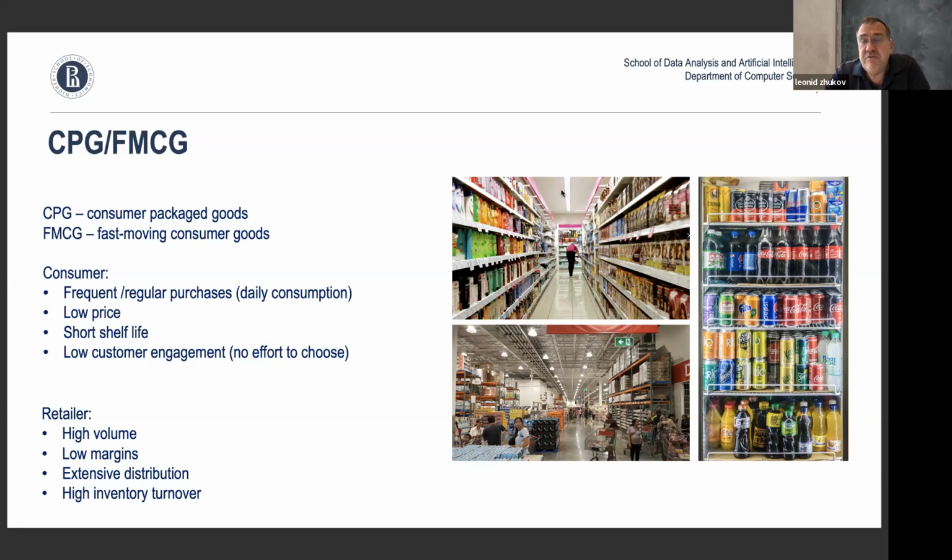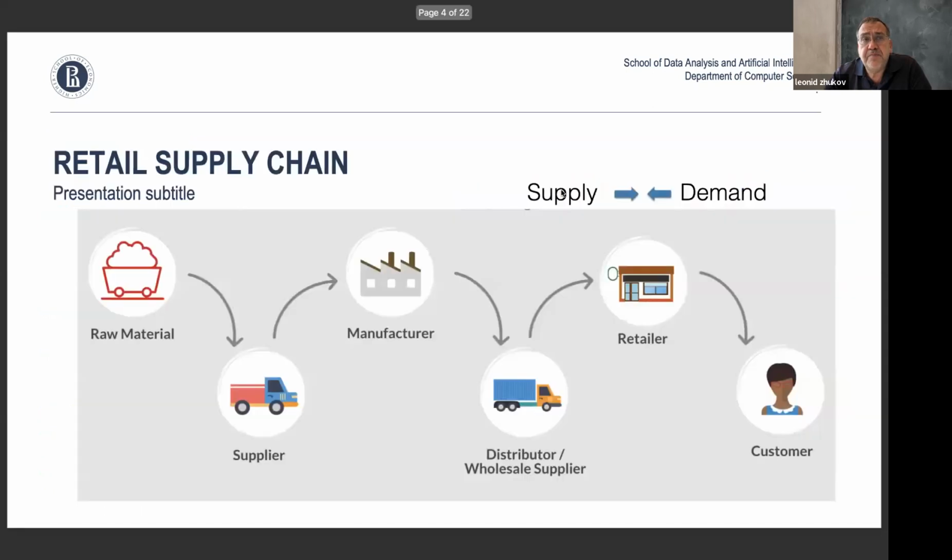And it is high inventory turnover, which means you need to replenish inventory quite often. You have to have a large variety of the items, but at the same time, you cannot always have a large stock of the items, simply because it can be perishable like food. So there is a lot of specifics in FMCG, and data science is often needed there.